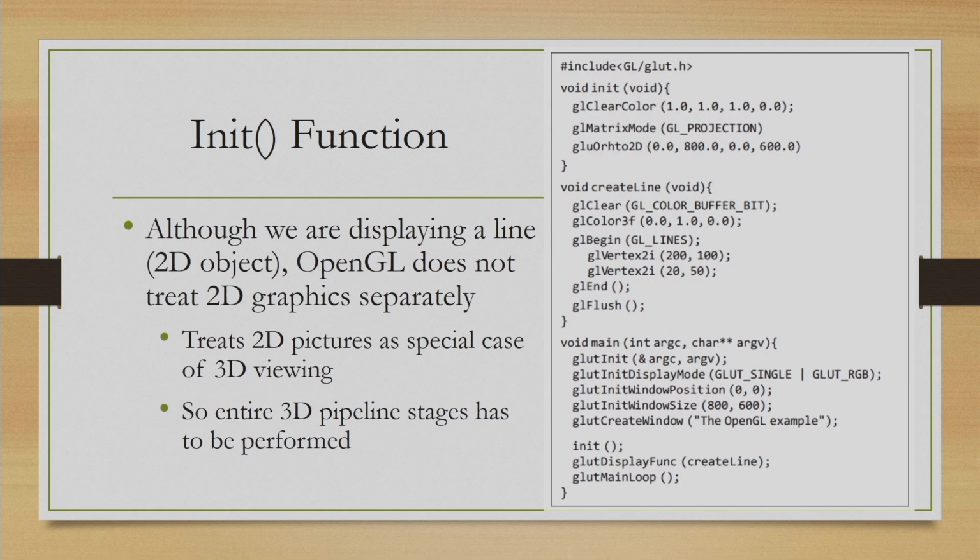Now, here we are displaying a line which is a 2D object. However, OpenGL does not treat 2D objects separately. It treats 2D pictures as a special case of 3D viewing. So, essentially the entire 3D pipeline stages are performed.